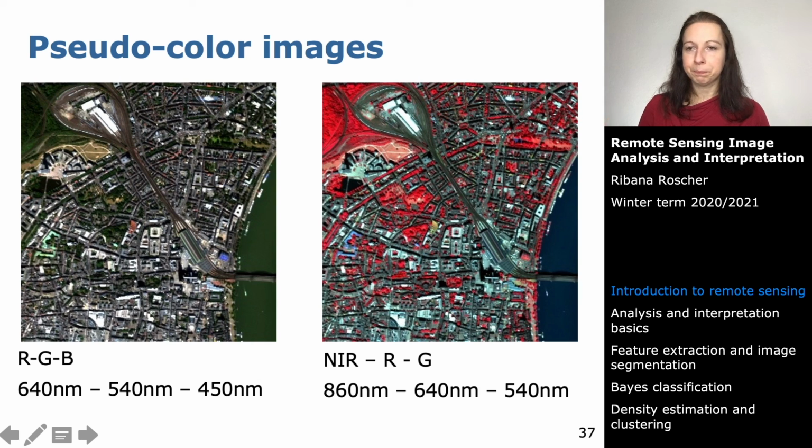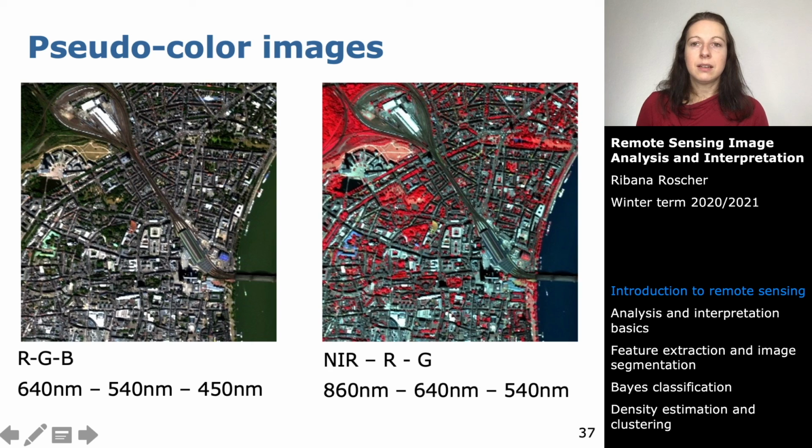When you plot this, you have an RGB image, and this is the typical illustration we are used to. But you can also use information from another part of the electromagnetic spectrum, for example, the near infrared. When you plot near infrared in the red channel, red in the green channel, and green in the blue channel, you get such a pseudo-color image.